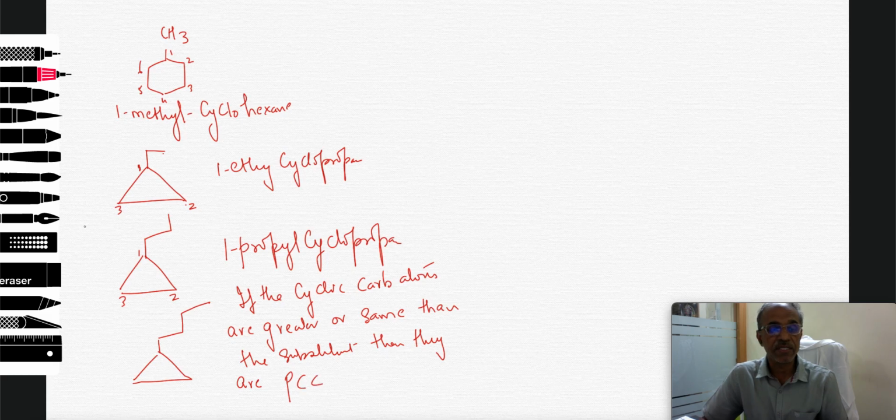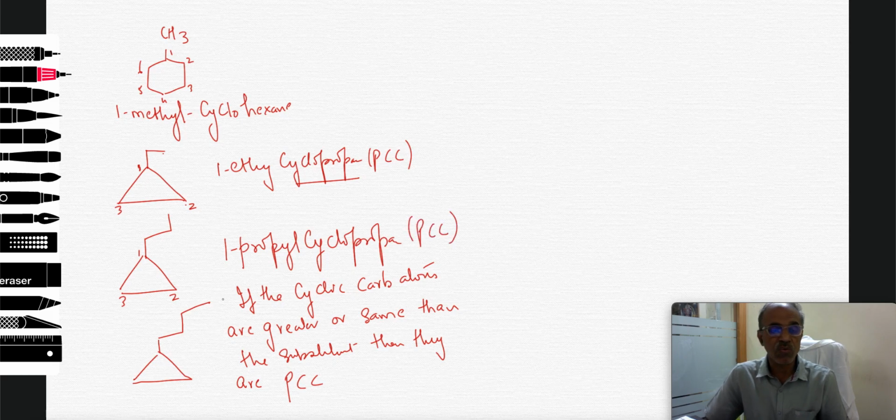That means here the 3 carbon atoms of a cyclopropane and here only 2. So this is considered to be the parent carbon chain. Similarly, here 3 carbon atoms and 3. So this is considered to be the parent carbon chain.